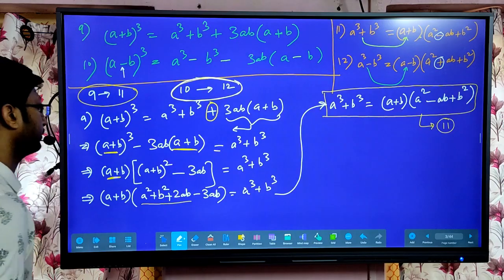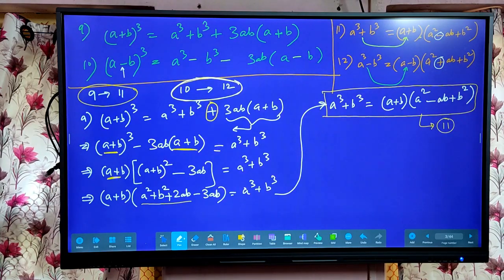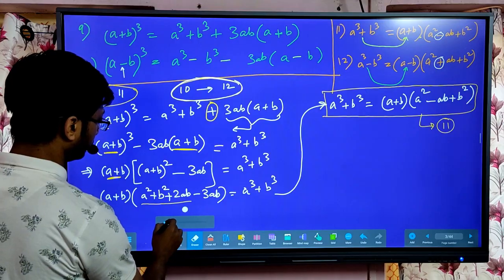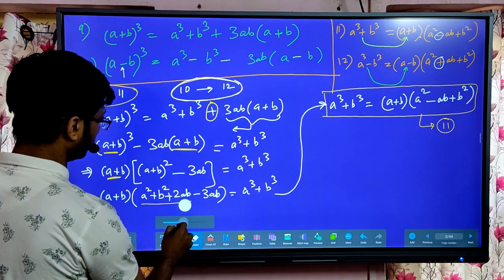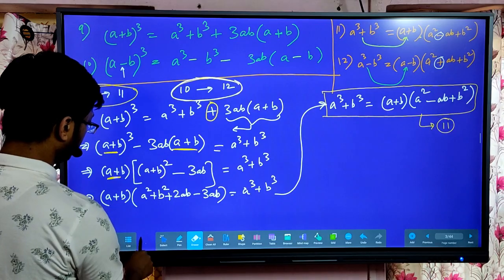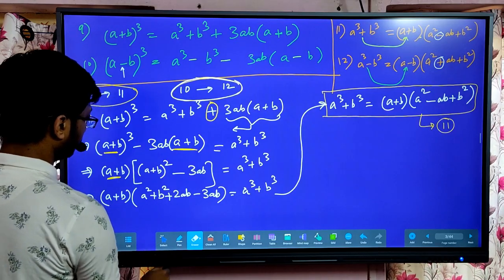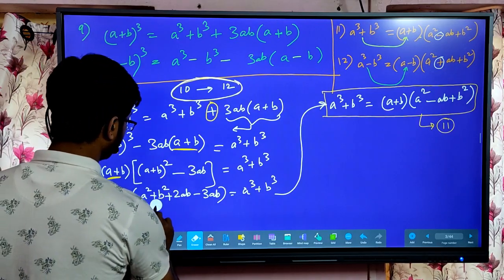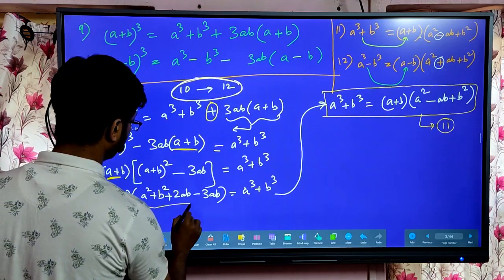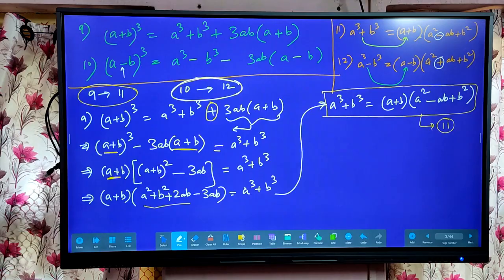This is the expansion. This is A plus B whole square.